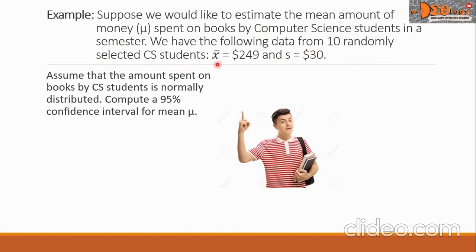X bar, this is the sample mean, equals $249. And S, the standard deviation of the sample, equals $30. Assume that the amount spent on books by CS students is normally distributed. Compute a 95% confidence interval for the mean mu.